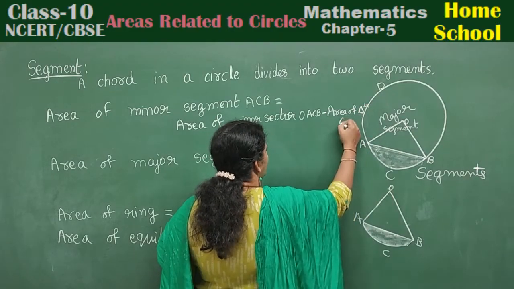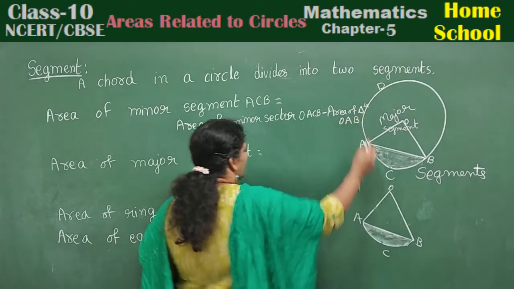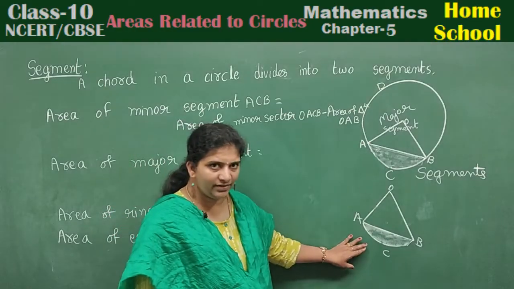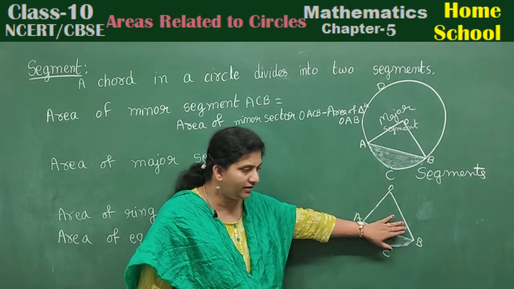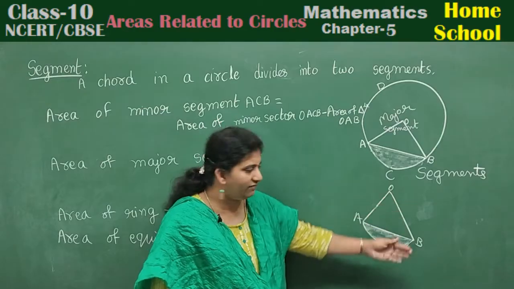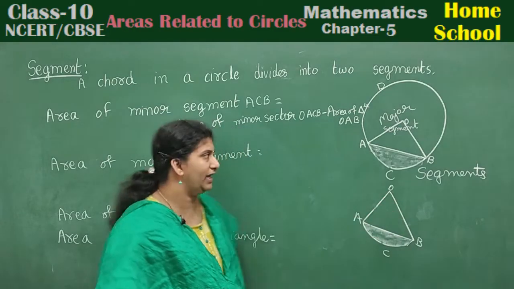Which triangle? OAB. Understand here carefully. Area of minor sector minus area of triangle will give you this segment area.